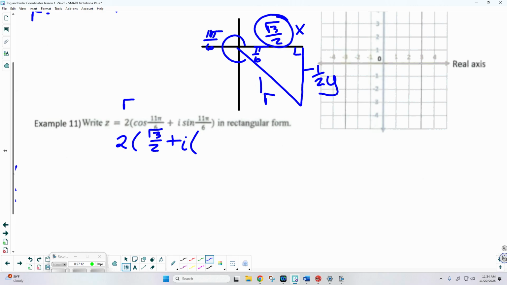Enrique, can you help him out? The negative 1/2. Okay. That's okay. All right. And now all I have to do is distribute.